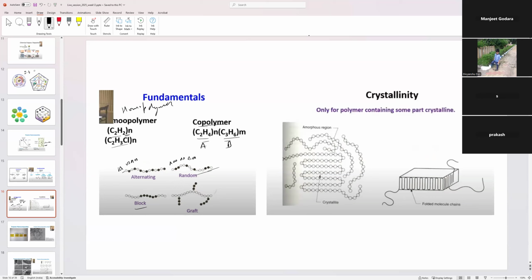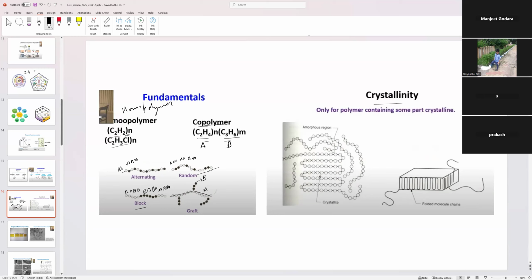You can have block copolymer, where you have A on one side, B in between, and then A again on the other side. You can have grafting, where there is a main chain composed of all A, whereas the side chains are polymer B.